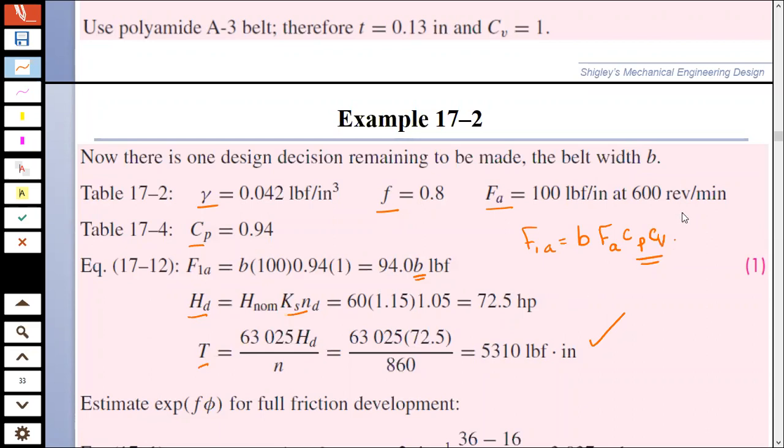So the value of CV for this particular belt is 1, and CP from the table is 0.94.